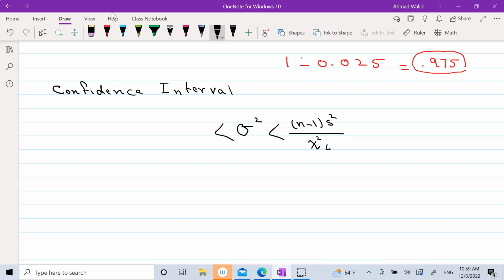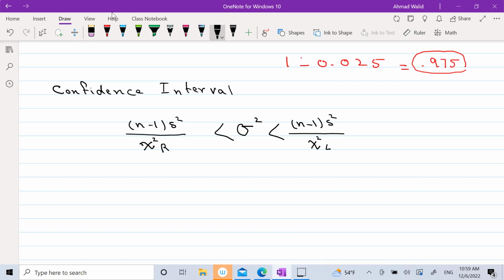Why? To get a bigger number, you have to divide by a smaller number, not by a bigger number, correct? And on the left side, you end up with n minus 1 times s squared over what? Chi squared to the right.